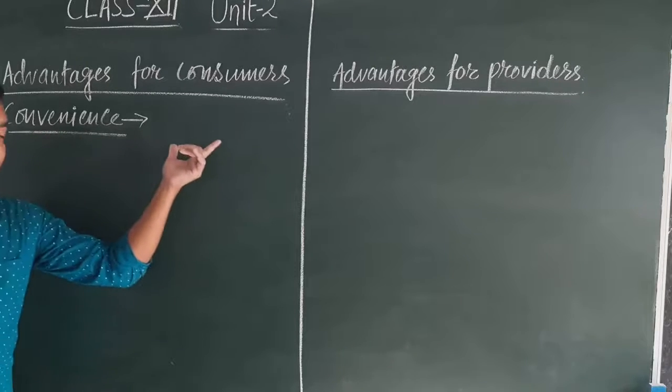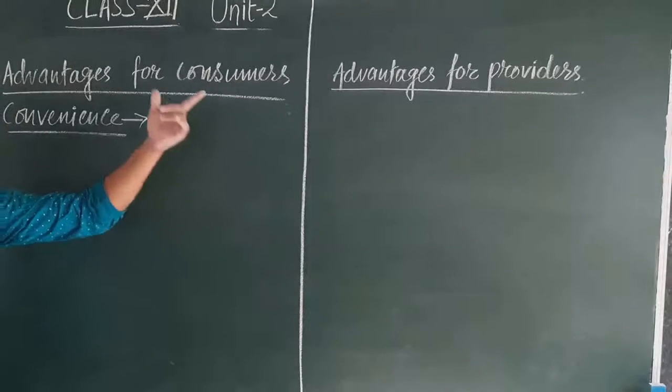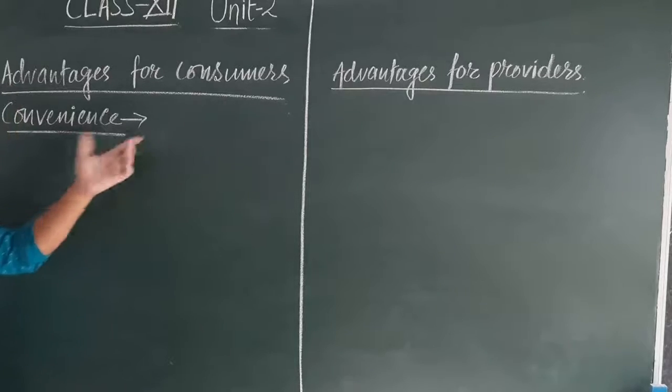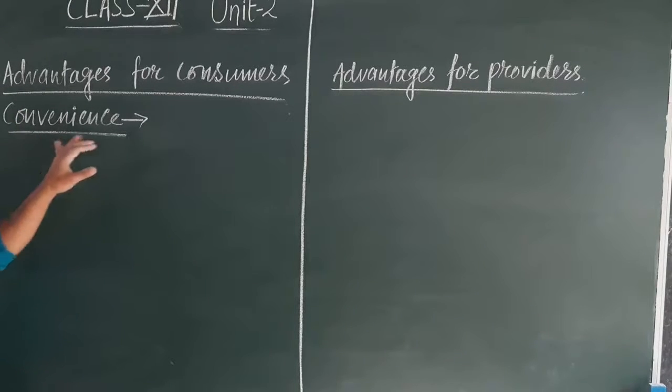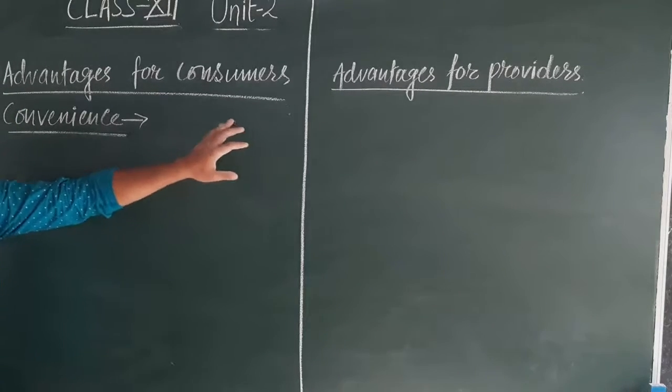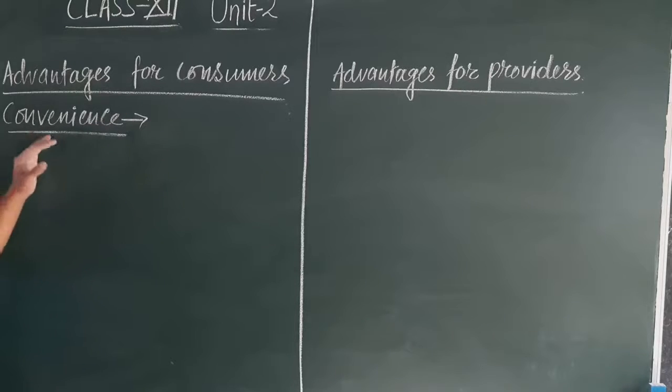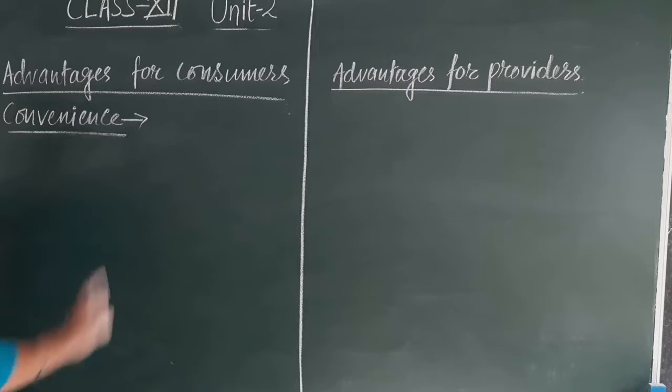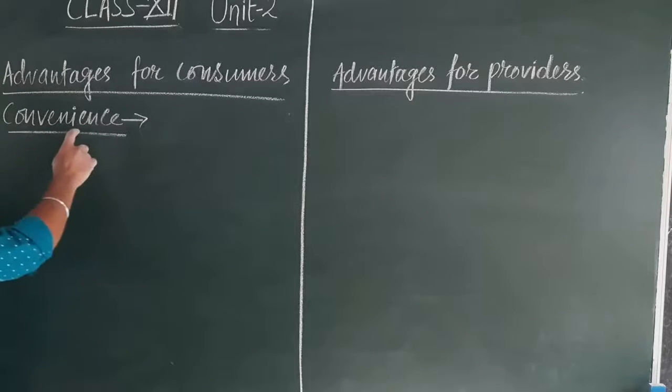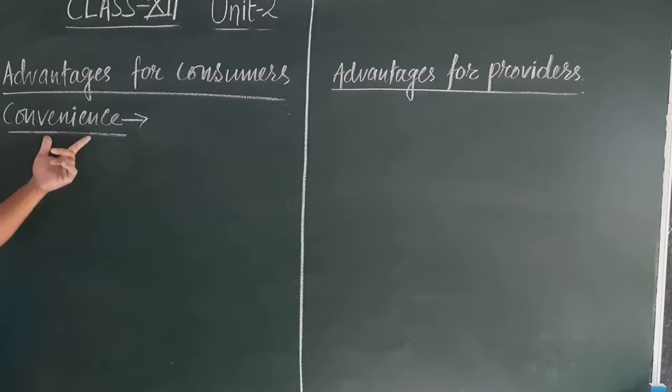Wherever he is physically present, at what time he needs to do it, depends on his or her own choice, and based on his or her own convenience he can select any time duration, any location, and using his desktop as well as the internet facility he can avail this online reservation service. So this is the concept of convenience.